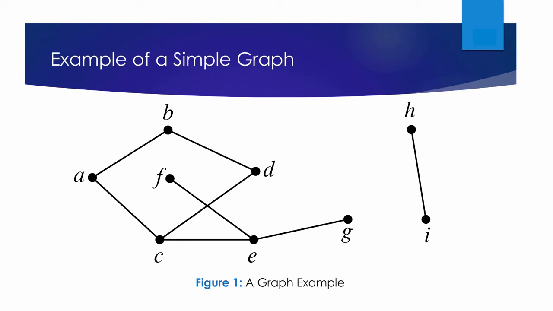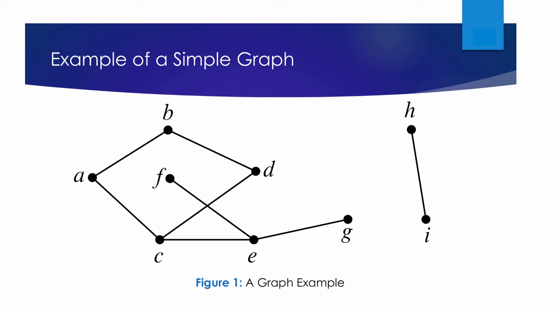The graph in the figure is expressed mathematically as G equals the combination of V and E, where V is the set A, B, C, D, E, F, G, H, and I. Now the edges are two-element subsets, so the first edge between node A and node B is denoted by the subset {A, B}.